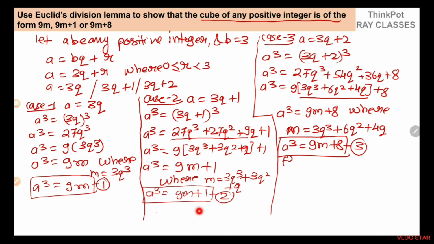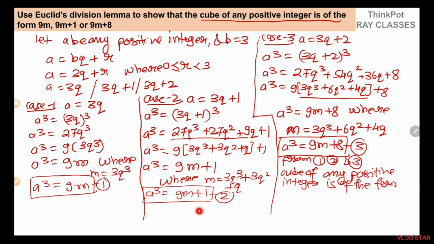So we can say from point number 1, 2 and 3, you can write the statement as it is: the cube of any positive integer is of the form 9m, 9m plus 1 or 9m plus 8.